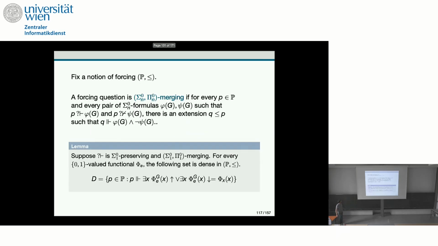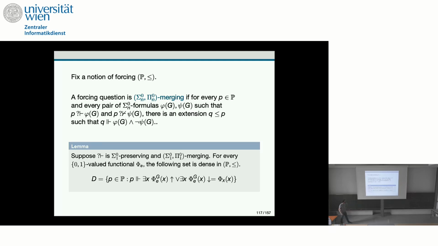Okay? And so this motivates the following definition. A forcing question is sigma 0 1 and pi 0 1 merging if for every condition and every pair of sigma 0 1 formulas, if independently the answer for one is yes and the answer for the other is no, then you can find a compatible simultaneous answer, forcing the negation of one and positively the other.